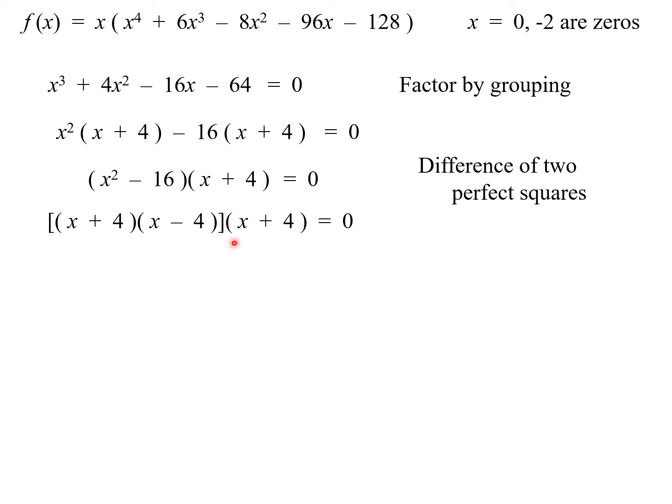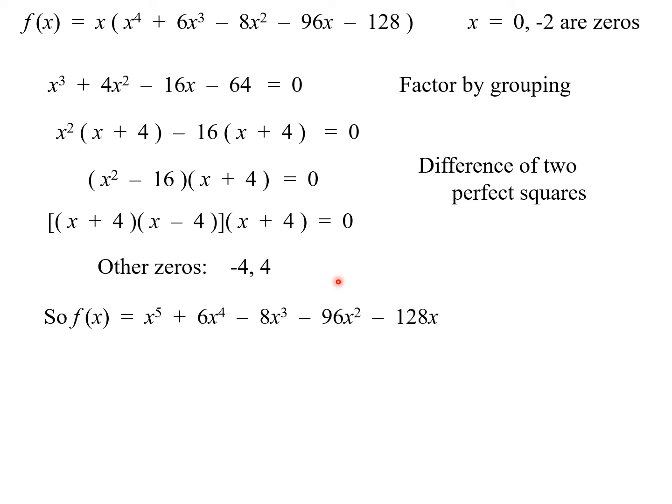And now I can see the other zeros are negative 4 from the first, positive 4 from the second, negative 4 again from the third. And so the zeros are negative 4 and 4. The negative 4 happens twice, actually. So the original polynomial can be factored into these binomials.